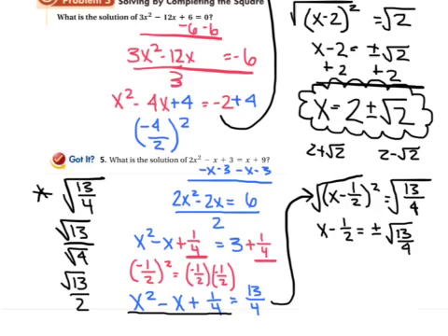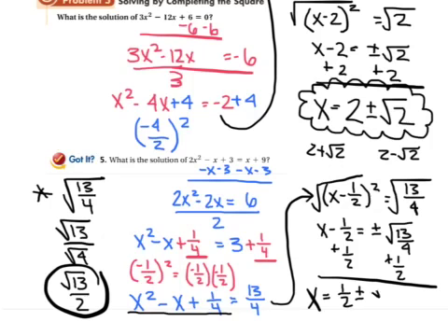You should. I wouldn't mark it wrong if you didn't, but just for future problems, it's going to be more helpful if you do. So I have x equals 1/2 plus or minus, we just found the simplified form, square root of 13/2.